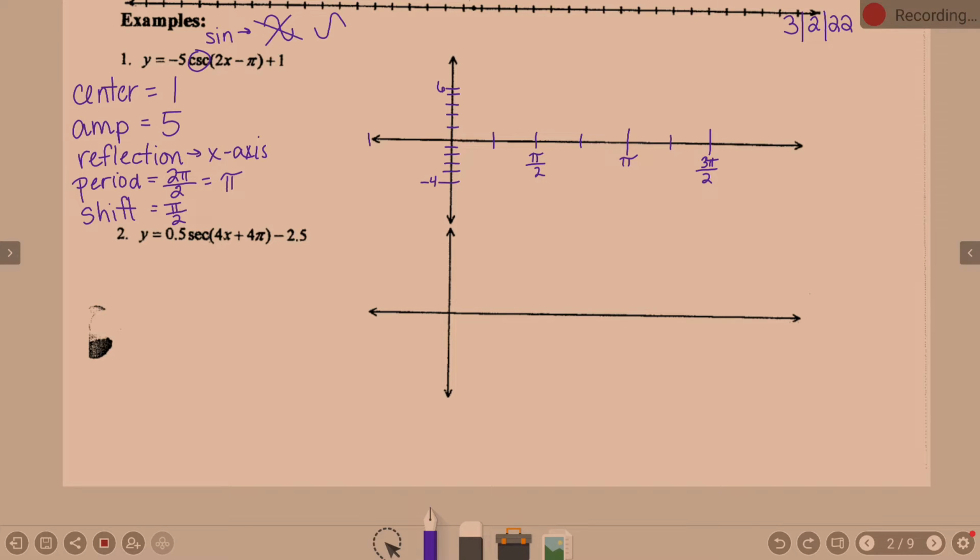Okay. My choice of teaching method is, okay, I'm going to graph the original and then I'll shift it. So if I'm graphing the original, keep in mind, I'm only going over to pi, right? My period is 0 to pi. So my reflected sine curve has to fit from 0 to pi, which means I start at 0.